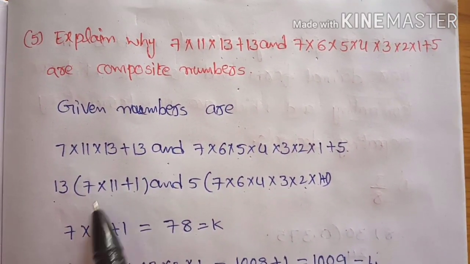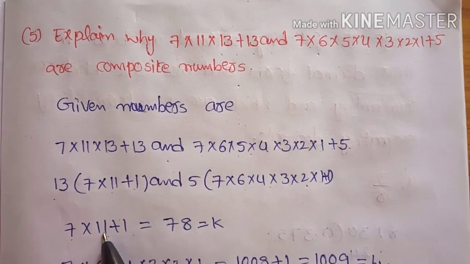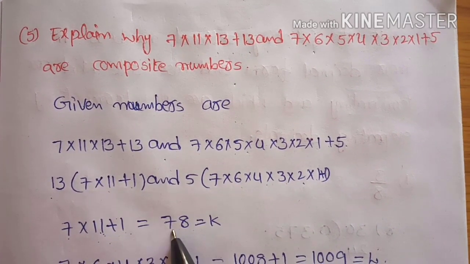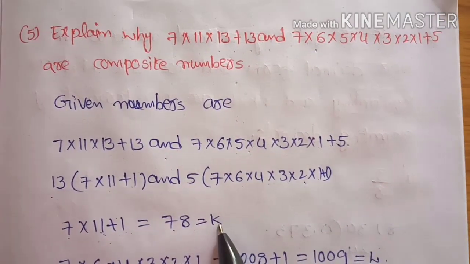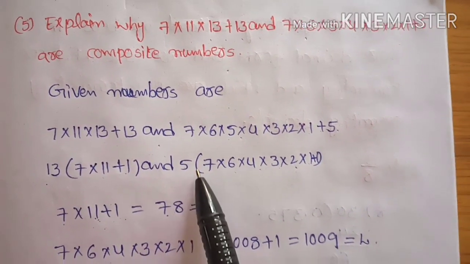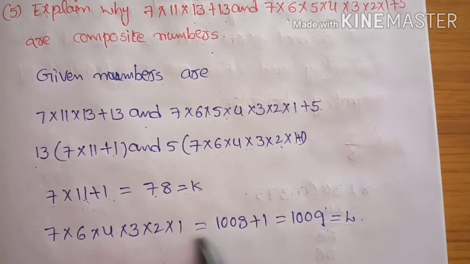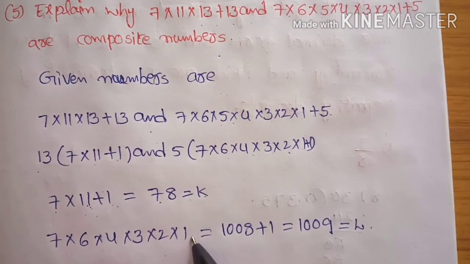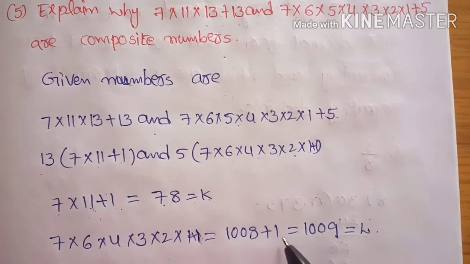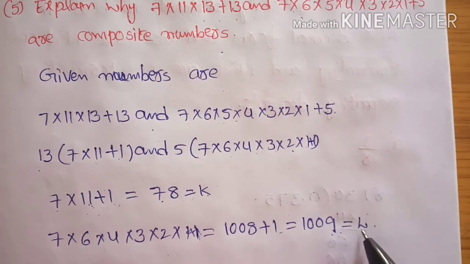First, 7 into 11 is 77, plus 1 is 78. You say 78 is equal to k. Next, 7 into 6 into 4 into 3 into 1, first you multiply: 1008, plus 1, that is equal to 1009. Then you say 1009 is equal to L.